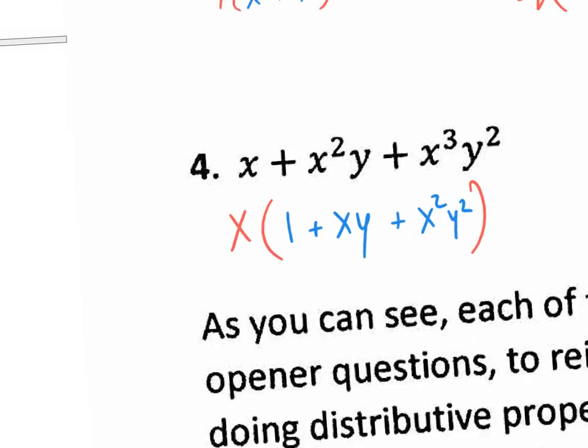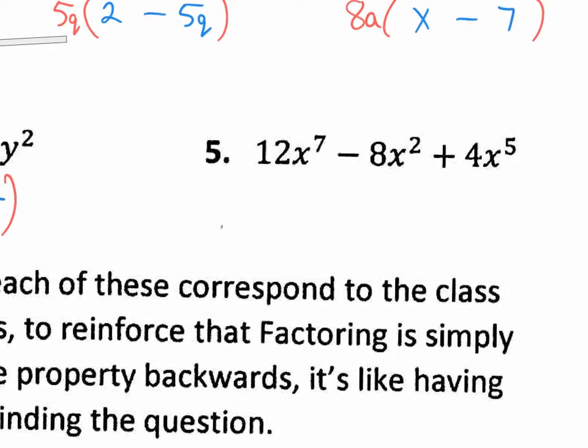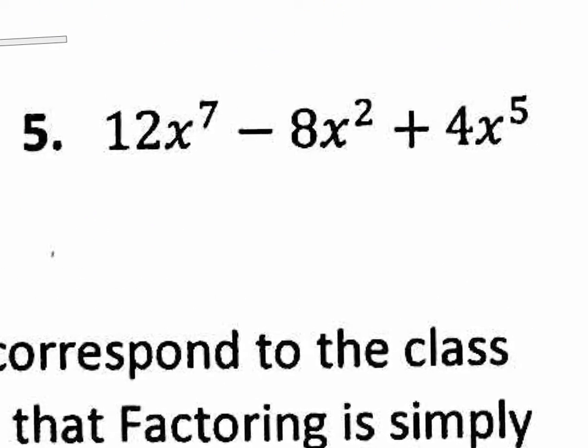Now, the last one, number 5, what's in common right there? Like if you say 2, yes, 2 is in common, but there's something greater than 2, 4, right? If you say 4 is the greatest common factor, it's not the greatest common factor. It's a factor that you could pull out, but it's not the greatest thing that's in common in all 3 terms.